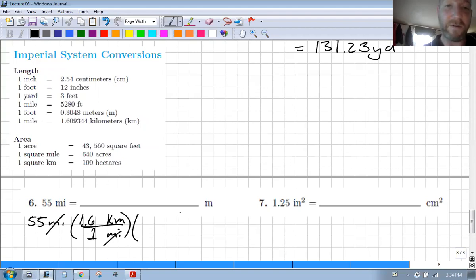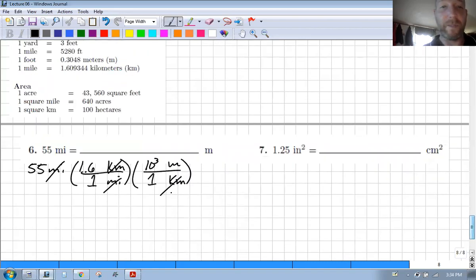But since we want meters, we got to get rid of kilometers for meters. And 1 kilometer is 10 to the 3rd meters. So here, 55 times 1.6, 10 to the 3rd is 1,000. So this gives us 88,000 meters.